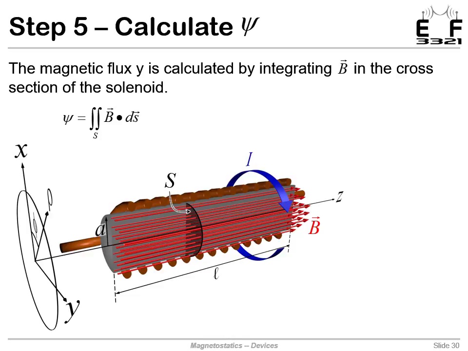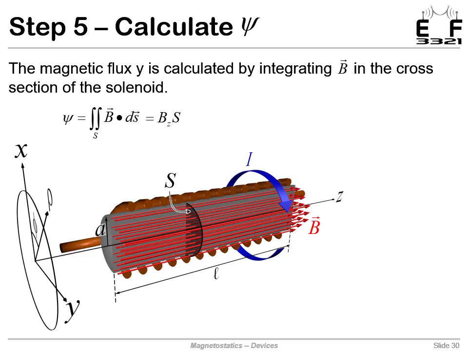We found that the magnetic field is in the Z direction. And for the infinite solenoid, we found that it's going to be uniform. It's in the Z direction. And so to calculate the flux, we want to integrate in the cross section of the solenoid. And so that's exactly what we'll do to get the flux.